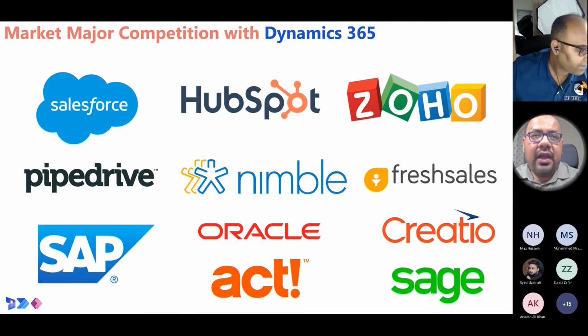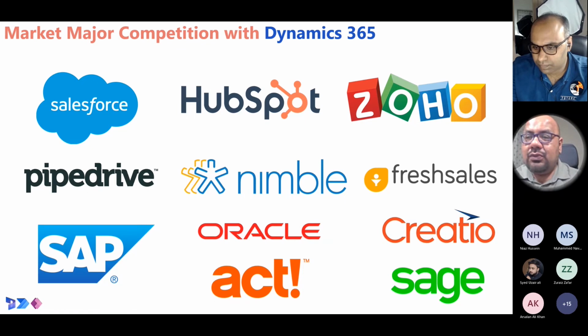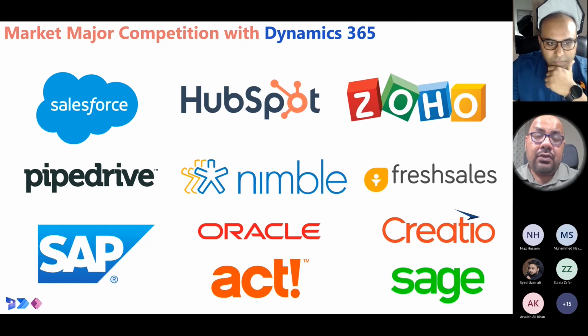You will find hundreds of solutions for ERP, sales automation and customer service. But these are the major ones where you will see Salesforce in the market. You will see HubSpot. You will also see Zoho. Why I put them on top: in the Middle East region specifically, these are the top solution providers who compete with Dynamics 365. Every product has pros and cons.